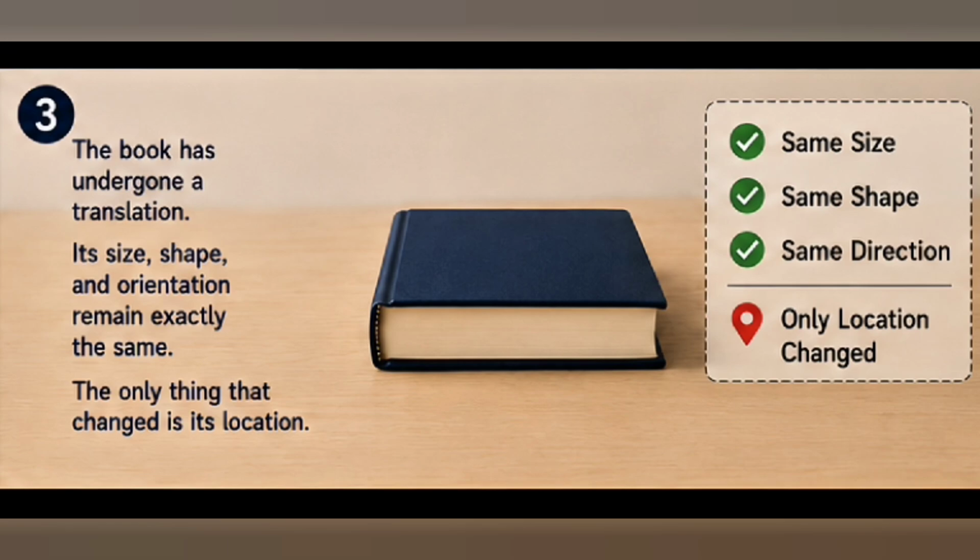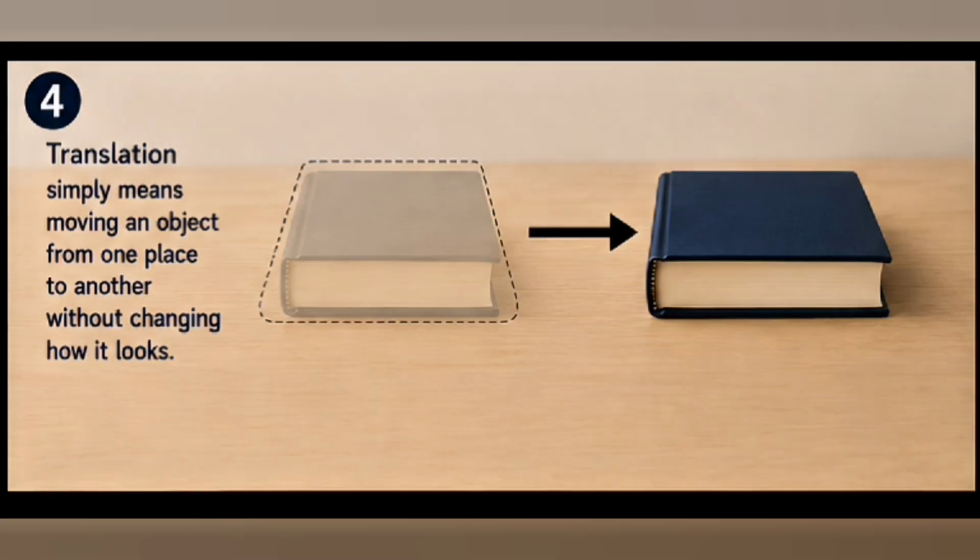As you can see, the book has undergone a translation. Its size, shape, and orientation remain exactly the same. The only thing that changed is location. Translation simply means moving an object from one place to another without changing how it looks.